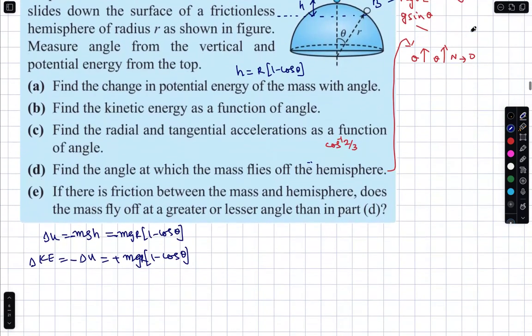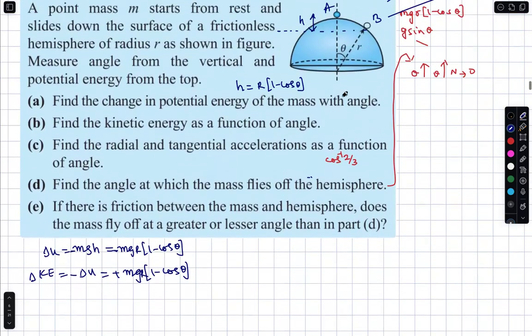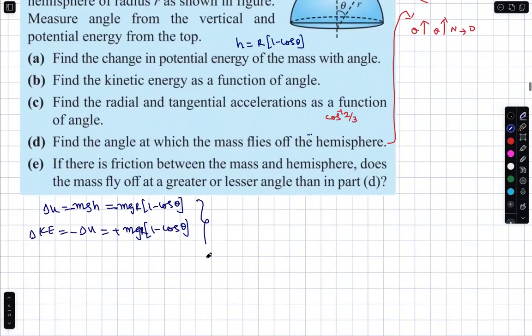Next, find the radial and tangential acceleration as a function of angle. Now, what is the velocity at B? Can you please tell me? Kinetic energy at B plus potential energy at B is potential energy at A, because at A kinetic energy is 0. So half m VB square is equal to mgR times 1 minus cos theta.